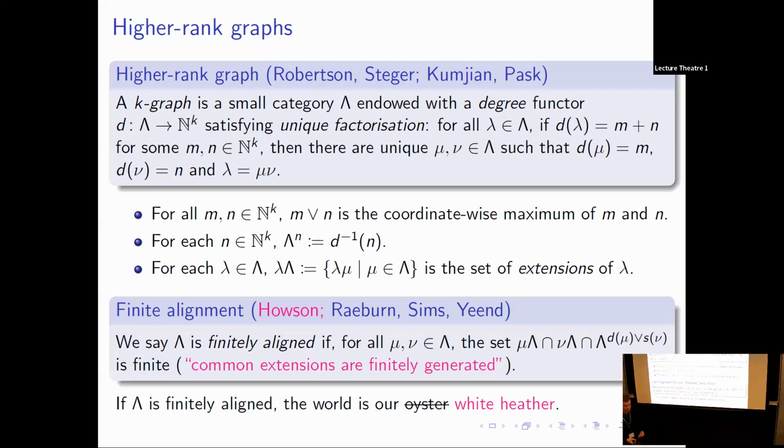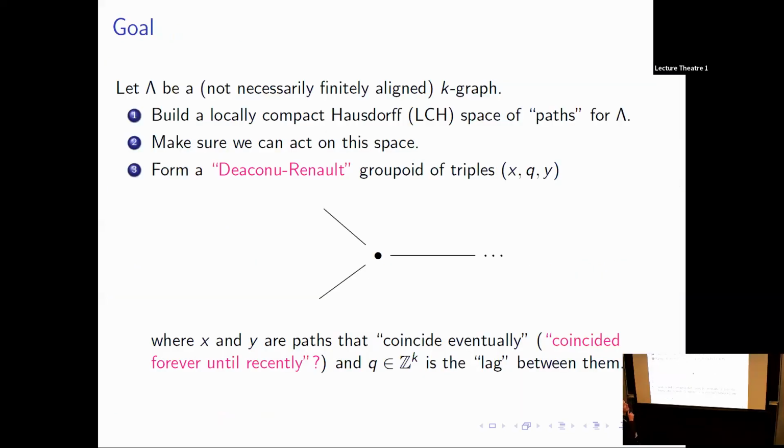And I'm told by the internet that white heather is the local symbol of luck. So the world's our white heather, where we have finitely aligned friends. Yeah, I hope so. So anyway, I need to progress. Wait, what time do I have until? 10:25, 10:35. Oh, thank goodness.